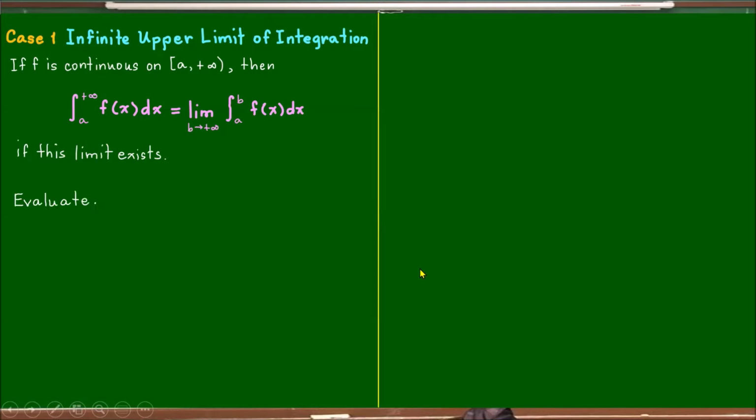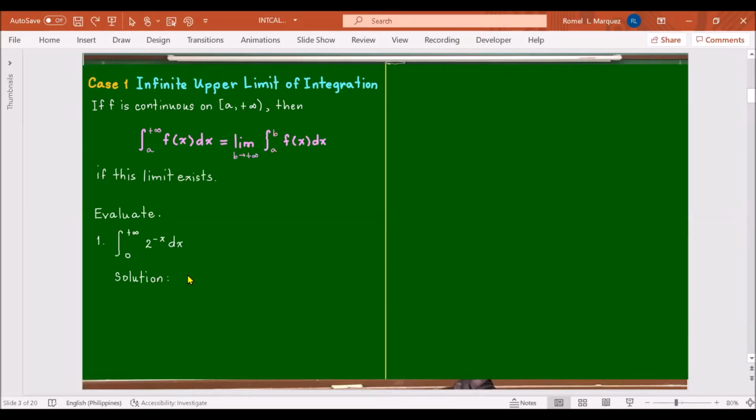Evaluate the given improper integral. Number 1, we have integral from 0 to positive infinity of 2 to the negative x dx. Here, our f of x is equal to 2 to the negative x. Since this is an exponential function, it is continuous at any number.